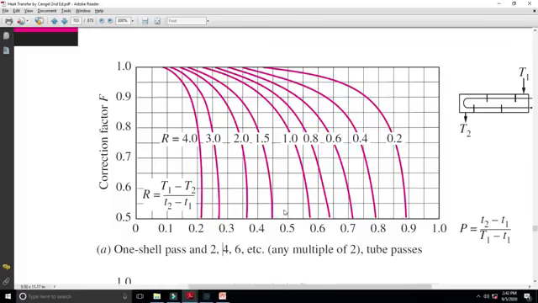Now at 0.48, if I move upwards and reach over here, I can see that it is about halfway between 0.85 and 0.9.